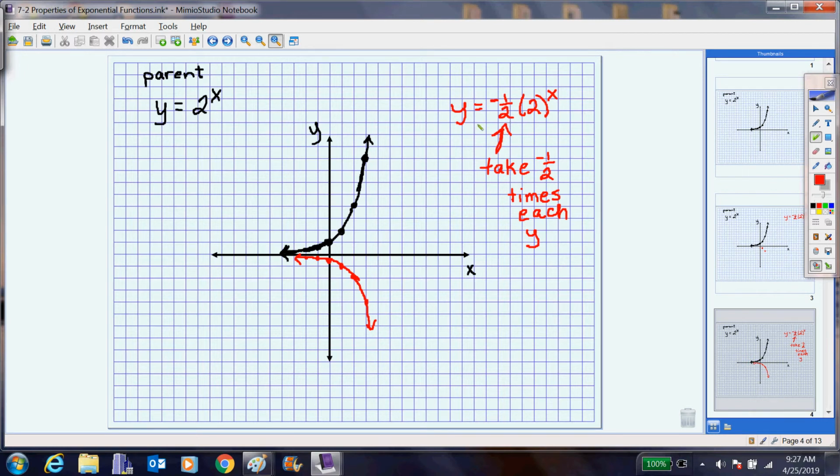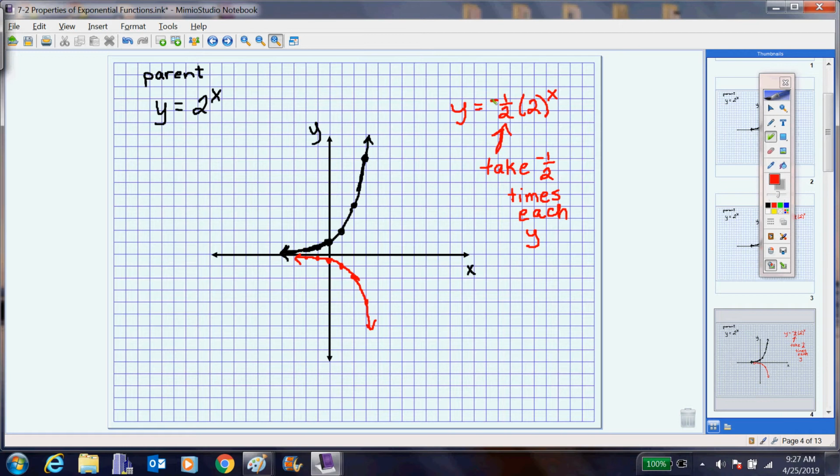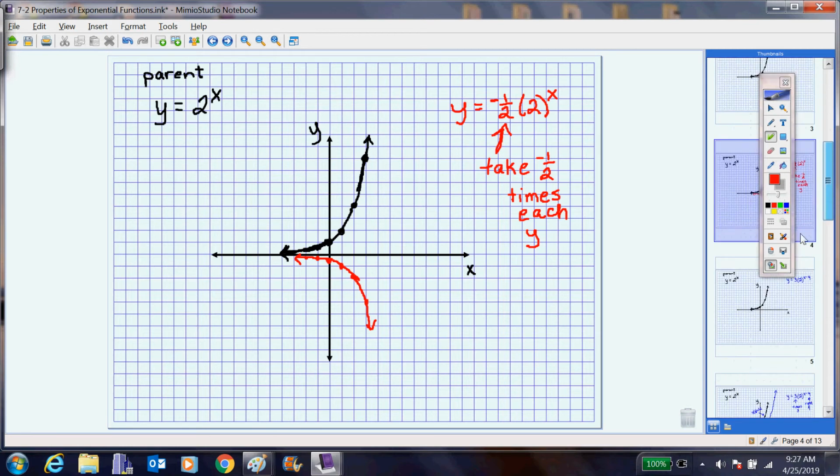And so if you multiplied it by a number that was bigger than a half, it would get steeper. Hopefully that makes sense. Okay, so that's what happens when you've got a thing in the stretch or the compress place with a certain function.